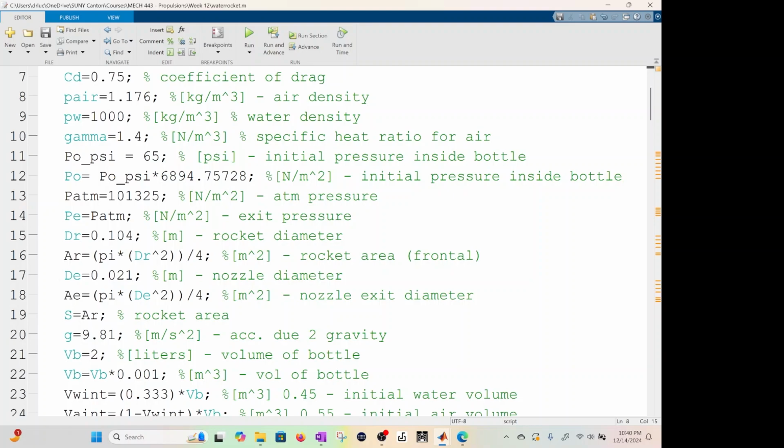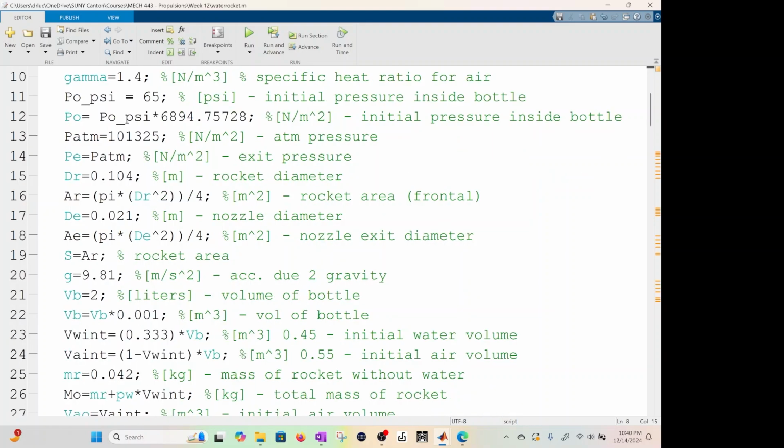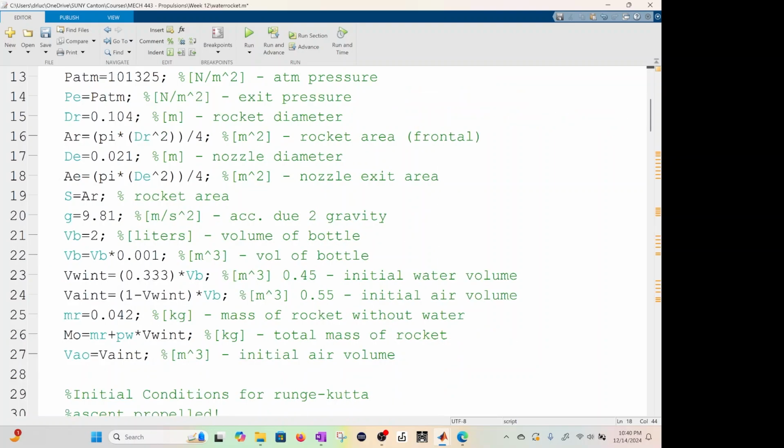I converted that, atmospheric pressure, exit pressure, the rocket diameter, rocket area, nozzle diameter, nozzle exit diameter, area. Let me fix that. That would be area. I just changed this to the rocket area from AR to S, just for me.